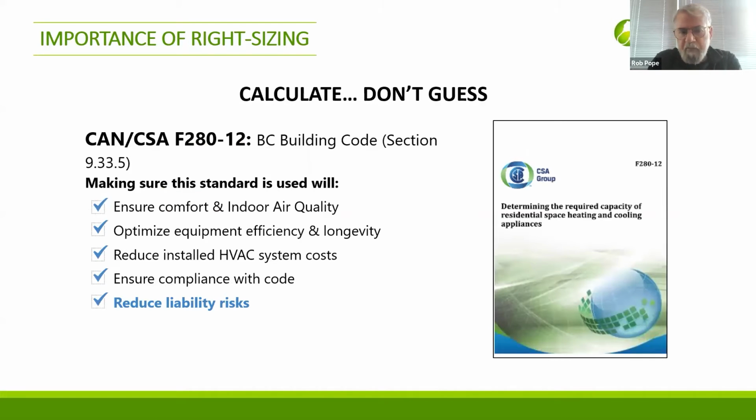So the bottom line for this section is you really need to calculate, don't guess, especially these days. There was a time when there was no step code, and you built a code minimum house, and if you built a house next door to it that was similar in size, and so on, you could, maybe if you were really experienced, guess it right.